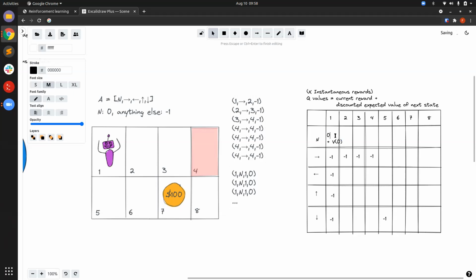Do you see the problem? Since everything is defined recursively, how do we go about keeping track of all of our expected rewards or expected values?